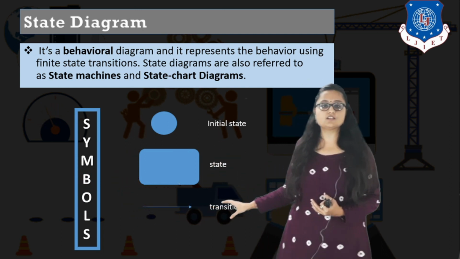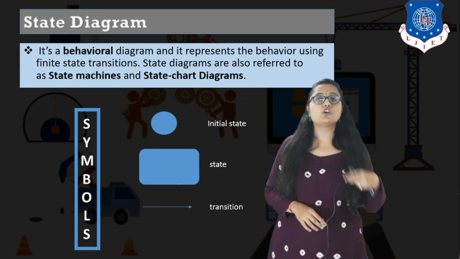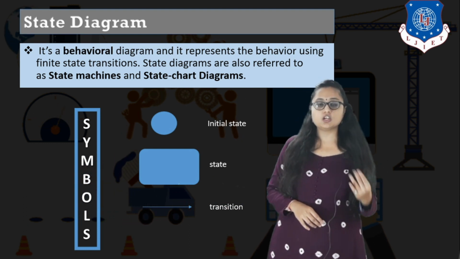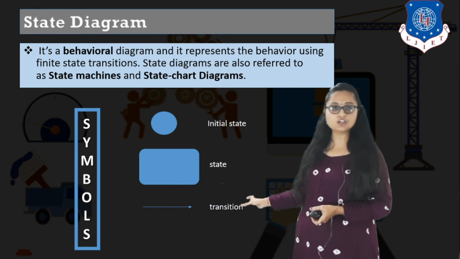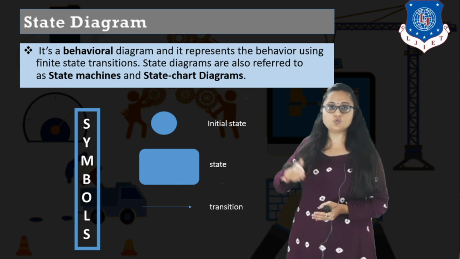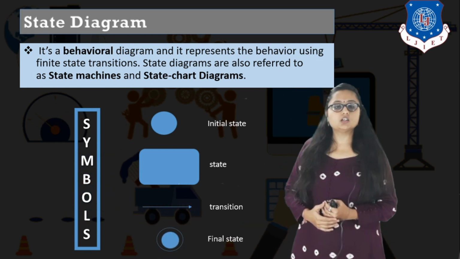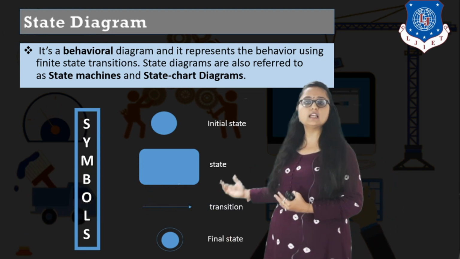The next is the transition symbol. The transition symbol is similar to the symbol of transition in the activity diagram. So in the activity diagram, if you recall, you were transiting via an arrow, right? Similarly here also the symbol is the same. If you want to transit from one state to another, you are using this symbol, that is the arrow. But the main thing in a state diagram is that you have to name this transition.